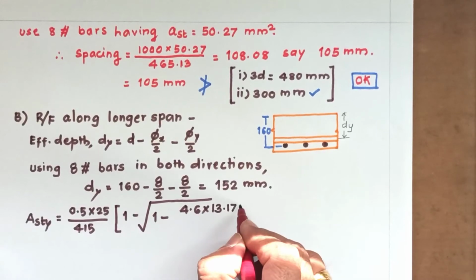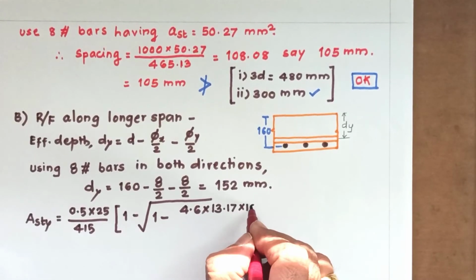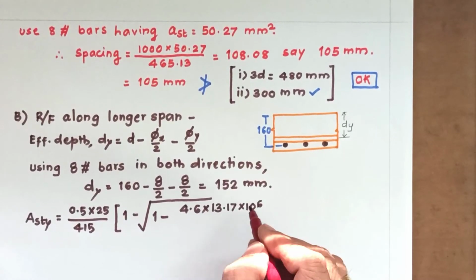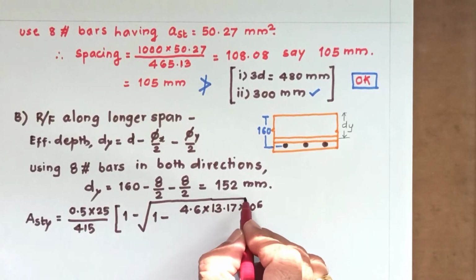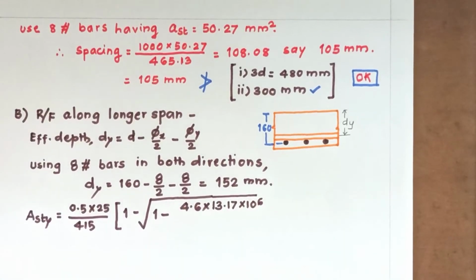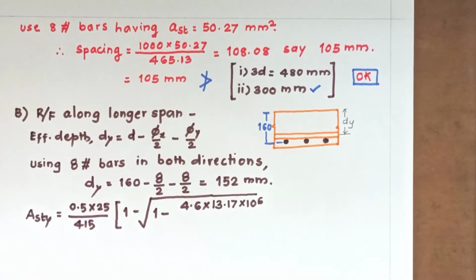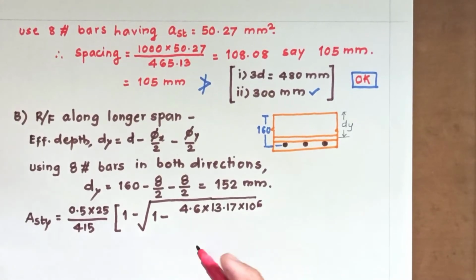It is 13.17 kilonewton meter, so into 10 raised to 6. This is very important to convert into Newton mm, otherwise your calculations will not be correct.